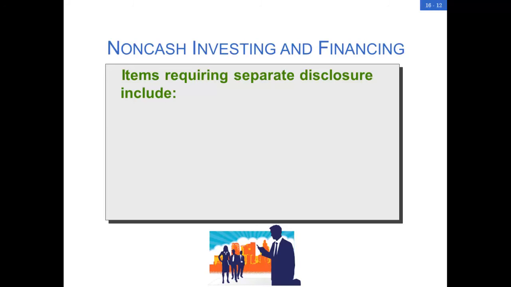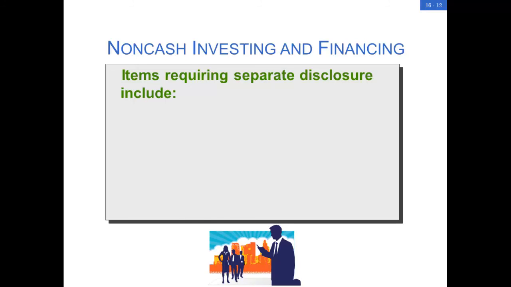Some transactions involve investing and financing activities, but no cash. An example would be the purchase of equipment, and we pay for it by issuing our own company's shares. So in this transaction, the purchase of the equipment is a kind of investing activity, and the issuance of our own company's shares would be a kind of financing activity.